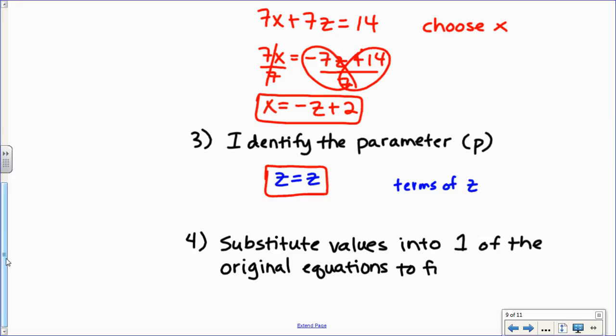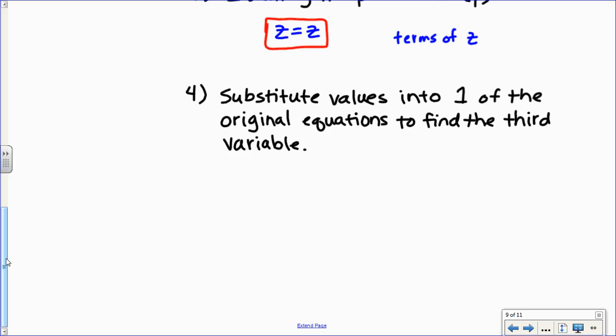To find the third variable. And we are going to leave it in terms of our p, which in this case is z.